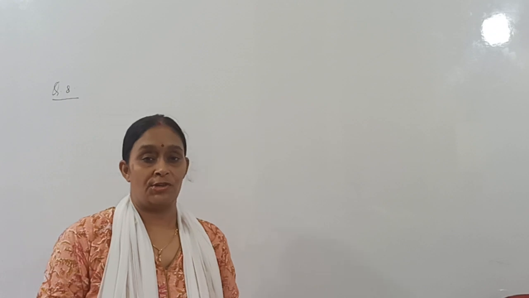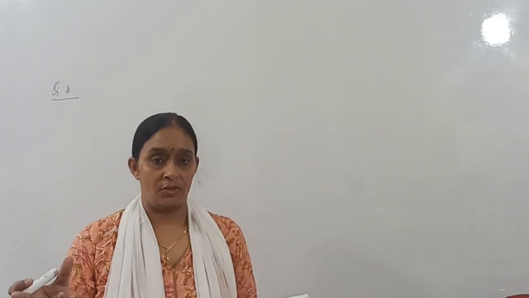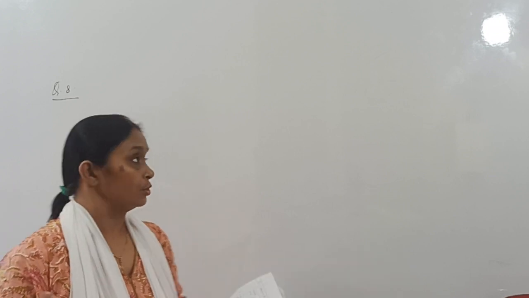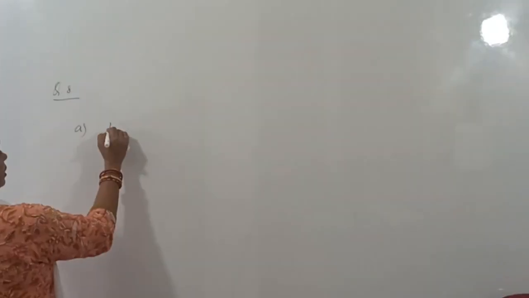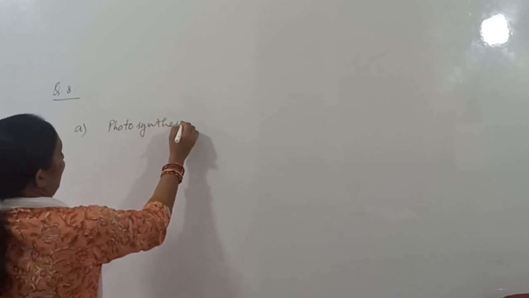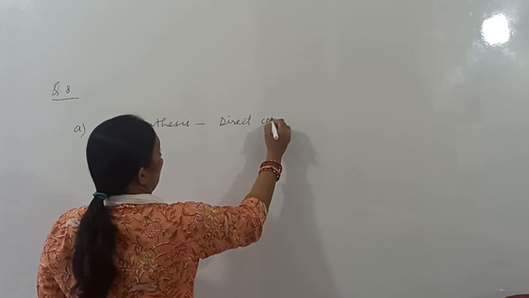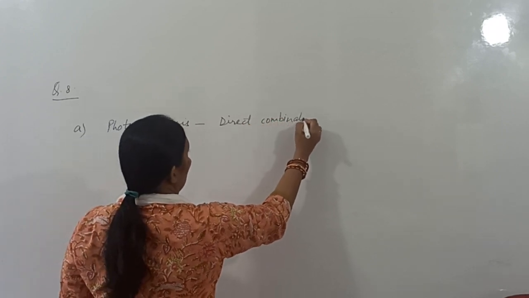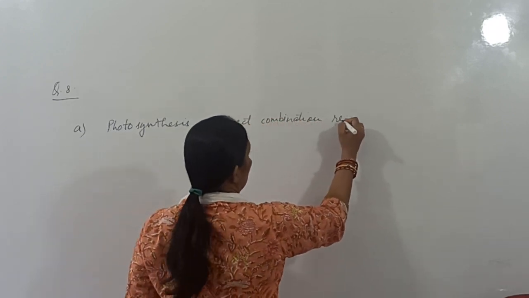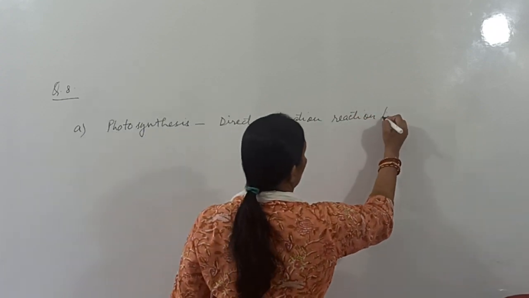What kind of reactions are these? Photosynthesis is actually a synthesis reaction in which glucose is produced. So you can simply write photosynthesis is considered a direct combination reaction or synthesis reaction.